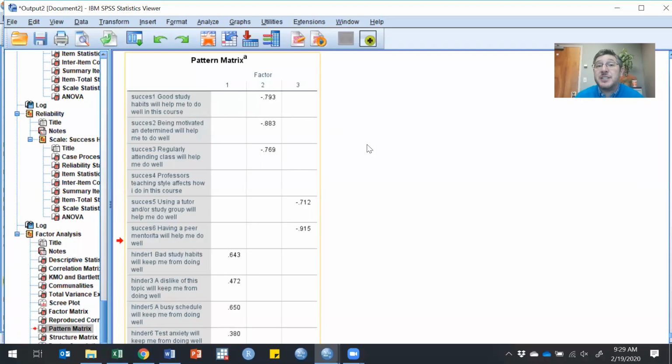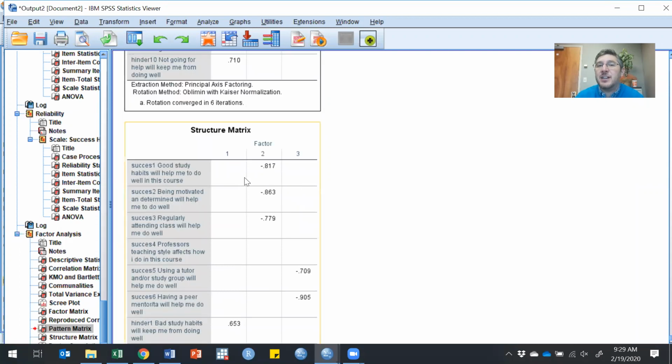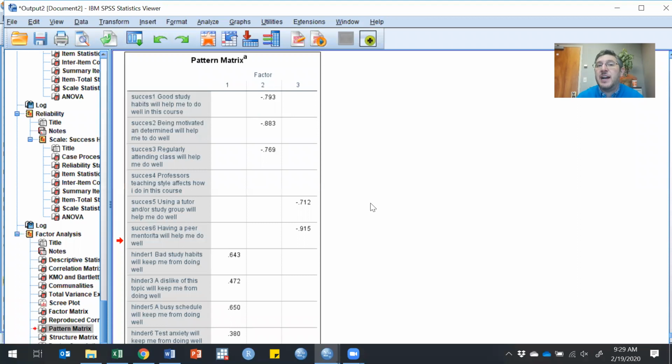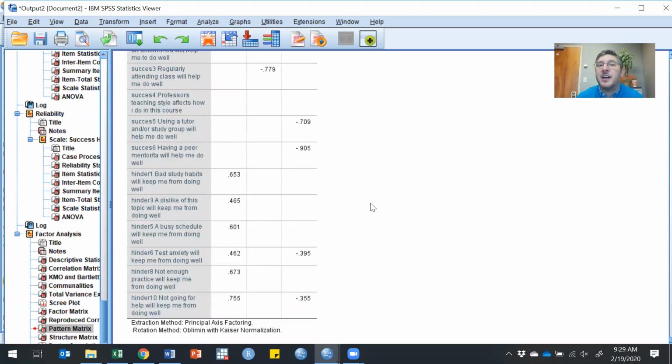Typically, the pattern matrix is a lot cleaner, as you can see here, with not as many cross loadings. The structure matrix is the simple bivariate correlation between that item and the factor. The more strongly correlated the factors are, the bigger difference you'll find between the pattern and the structure matrix.